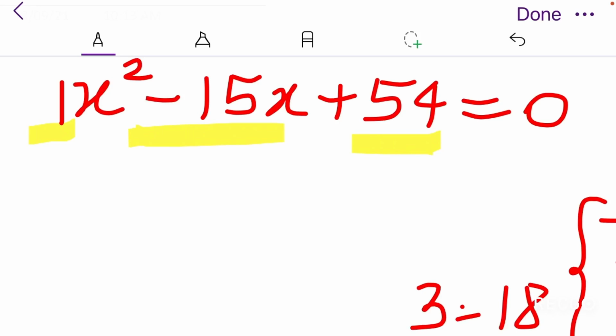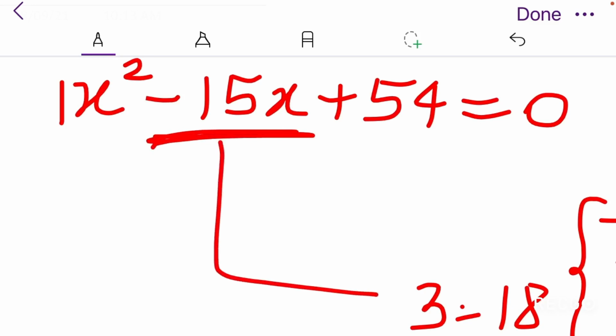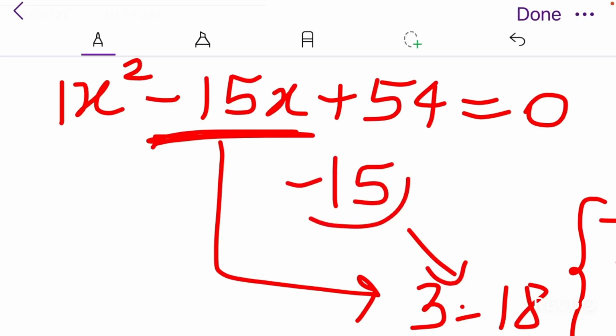Okay. So now here we will be writing. What we have to do is split this term, minus 15x. We have to break it into 3 minus 18. If you write minus 15 or you write 3 minus 18, both are the same, because in the end you will get minus 15 only.